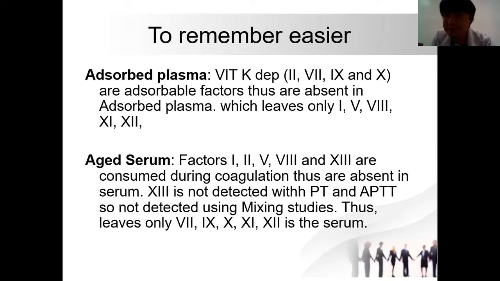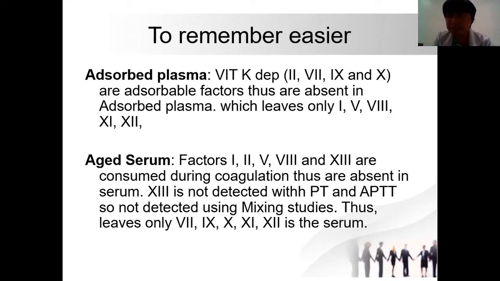Again, what is the test specific for factor 13? You have your Dockert's test using urea, monochloroacetic, or acetic acid. Now, again, I repeat, all of the factors are present in the plasma, but once you put the adsorbable component, the vitamin K dependent factors will be absent.